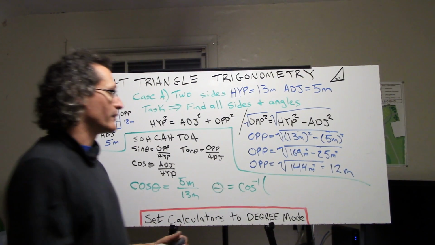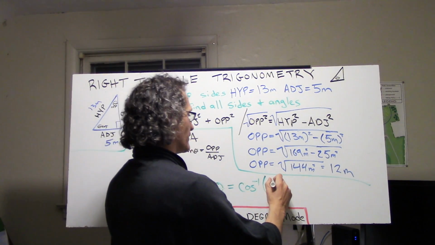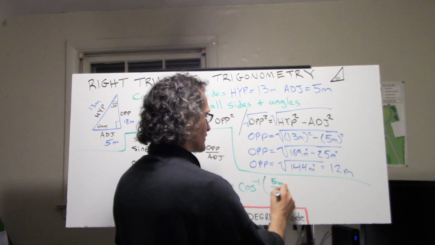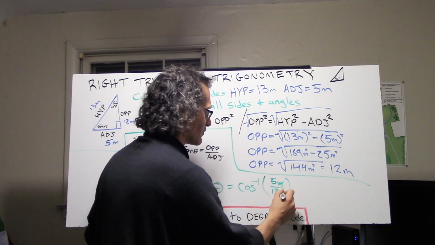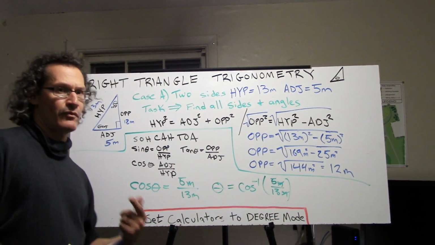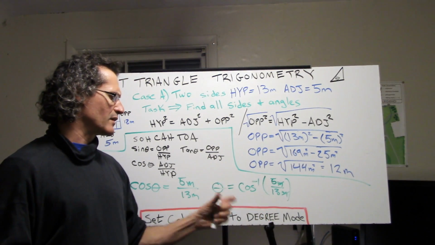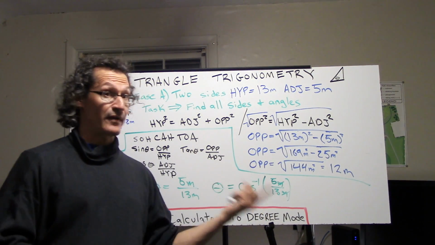So here we go: the inverse cosine of 5 meters divided by 13 meters. Notice in a ratio, if you have the same units, the units just cancel. An angle doesn't really care about the units as long as they're the same, because the units cancel anyway as a ratio.